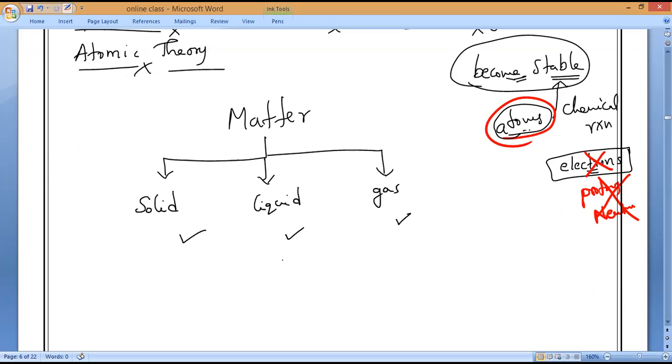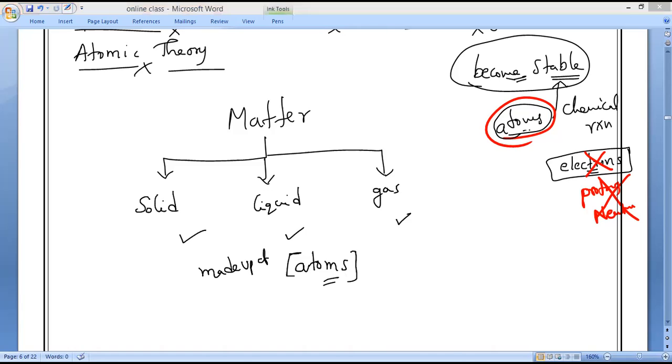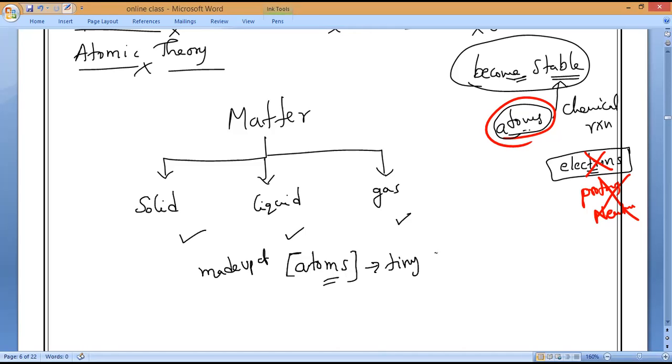Everything is made up of what? Harish? All the things are made up of what? Made up of small particles called atoms. Very tiny particles known as atoms only. So whatever it is, solid or liquid or gas, everything is made with the tiny particles, atoms.